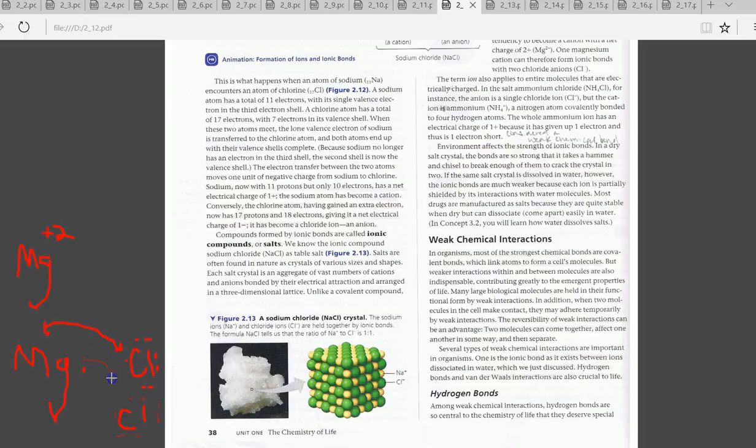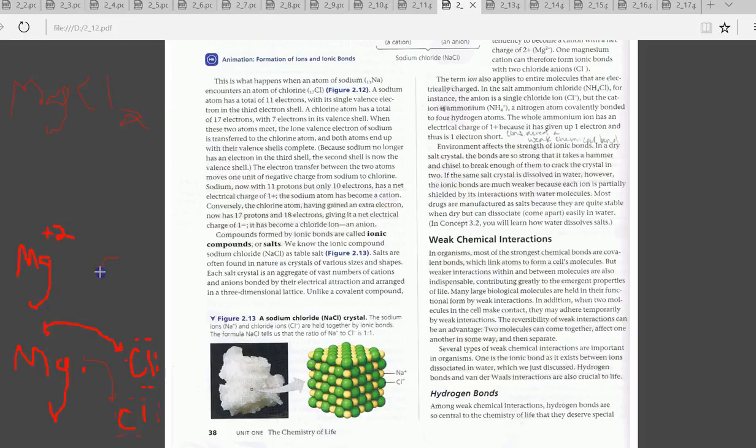So now this electron is going to transfer to here. So when you come up with a chemical formula for this, the cation is always listed first. So it's MgCl2. And that would be your formula because you've got 1 magnesium and 2 chlorines.